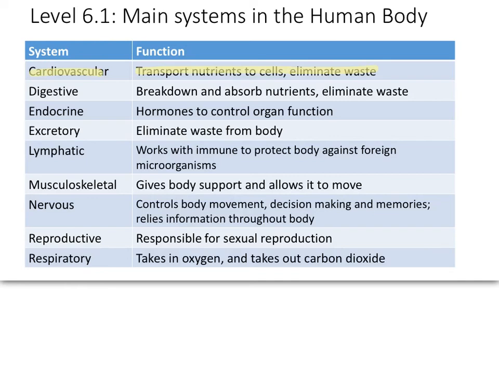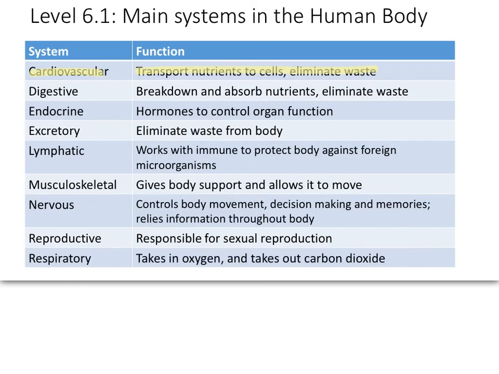Then we have our digestive system, and its whole function is to break down and absorb nutrients. Our third is our endocrine system, and this is the system where we have hormones. Our fourth is our excretory system. It eliminates waste from the body.